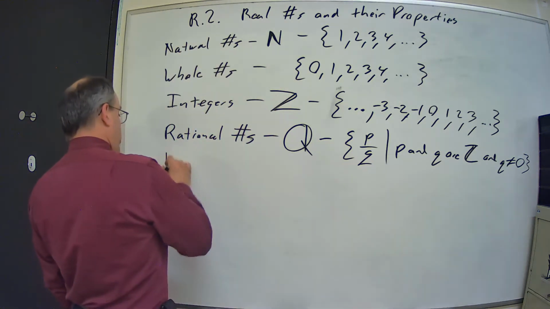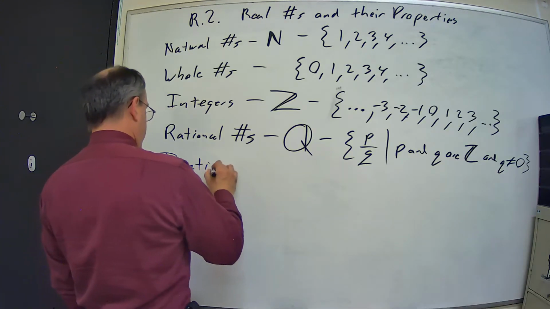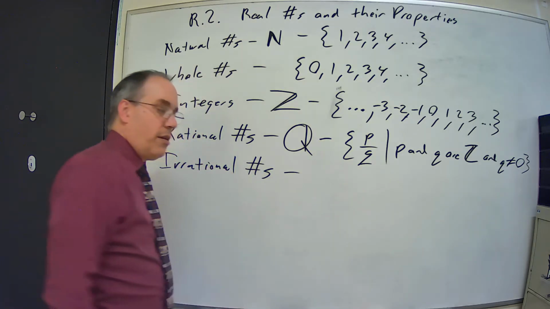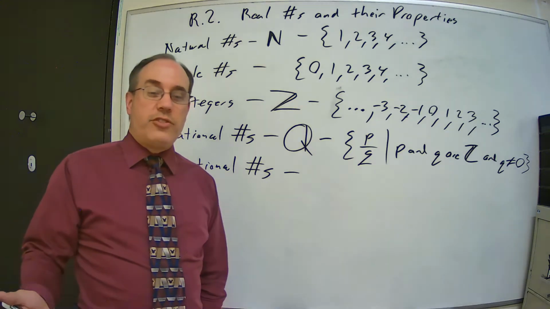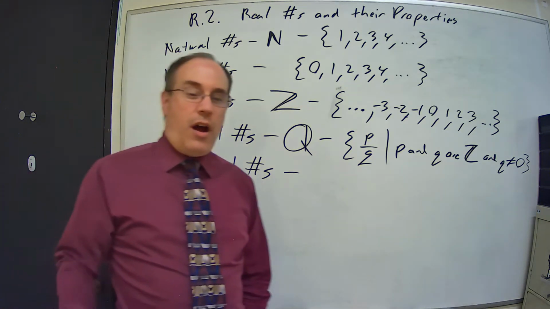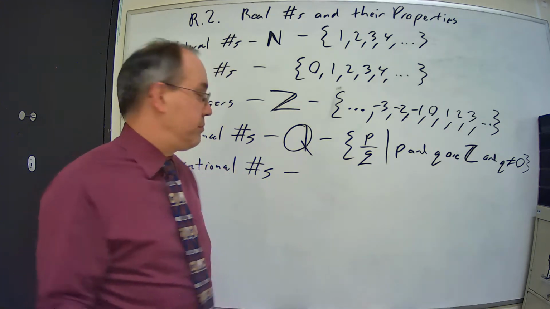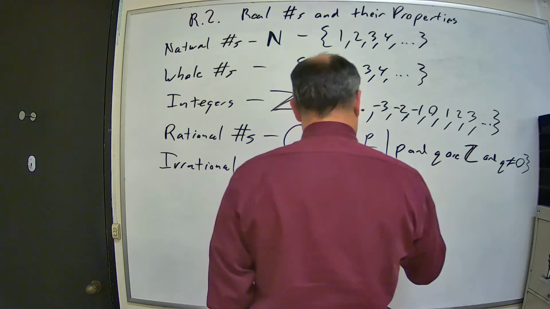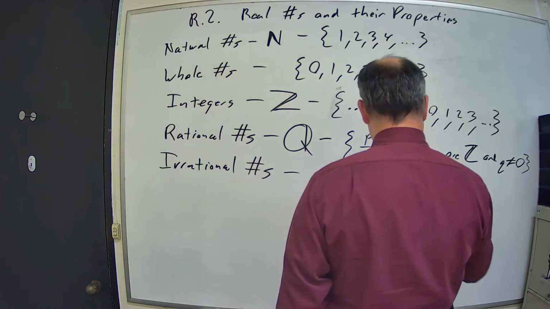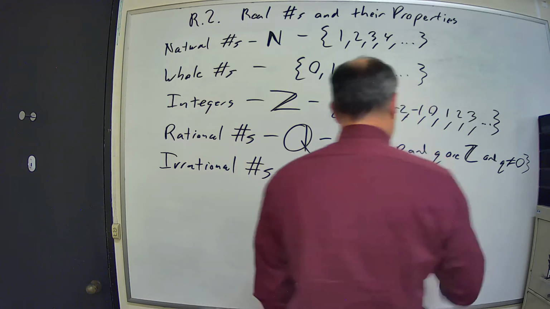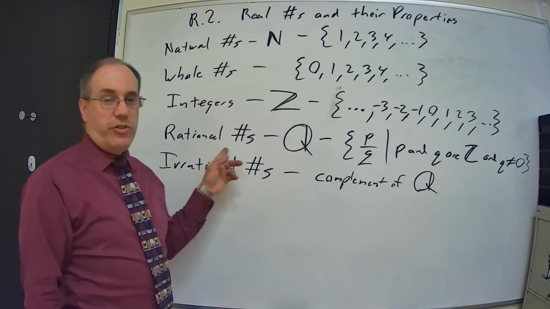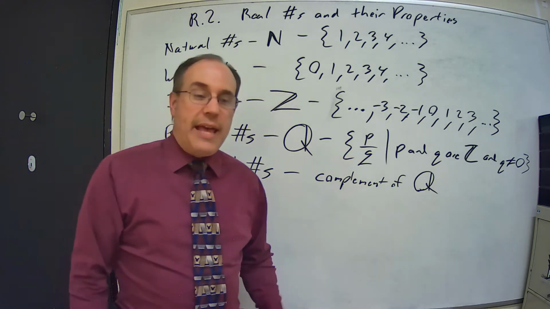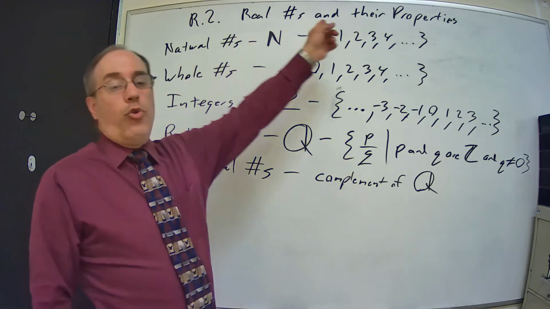Then you have irrational numbers. Irrational numbers are the complement of Q. Right, they're the complement of the rational numbers. If a number is not rational, then it must be irrational. And remember, we are still focusing on real numbers.